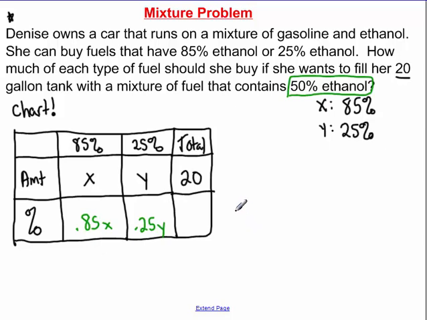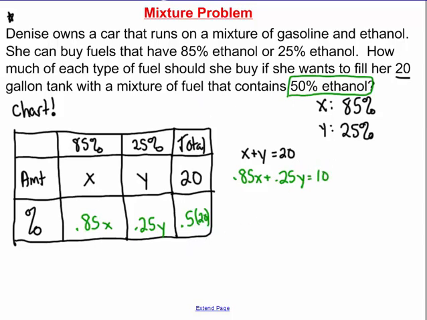Now to figure out the total amount in our percentage here, we have 50% of our 20 gallons. So really now we have two equations. We have X plus Y equals 20, and we have 0.85X plus 0.25Y is equal to 10.